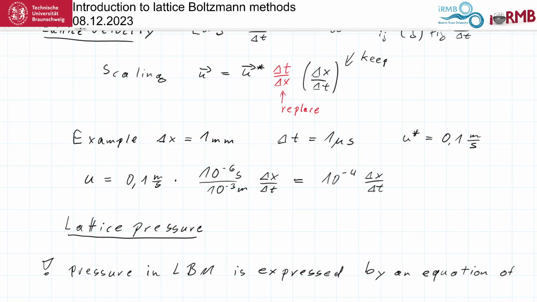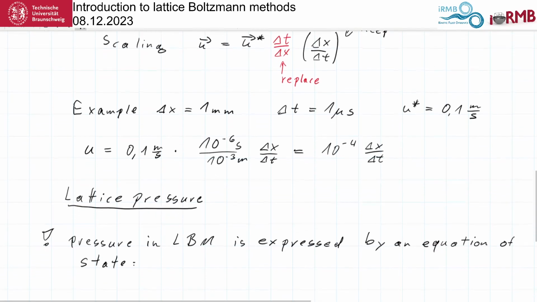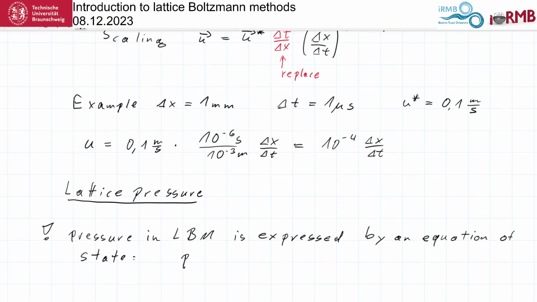The Navier-Stokes equation says that there's pressure coming from somewhere, and here we have, of course, to specify where it's coming from. So the idea is P star is equal to rho times c_s squared, the speed of sound squared. What is this?